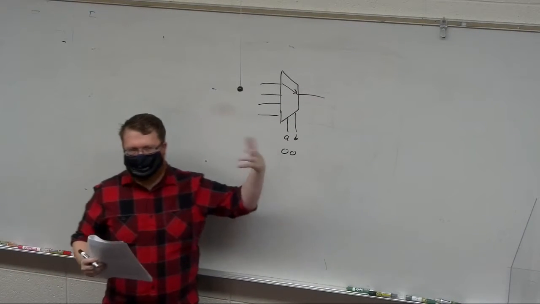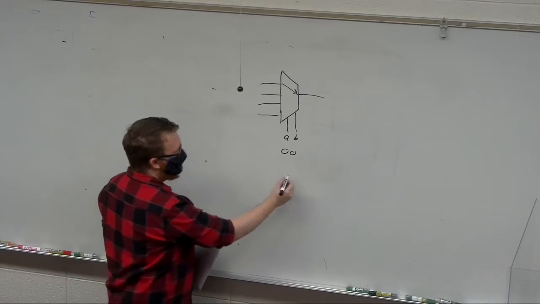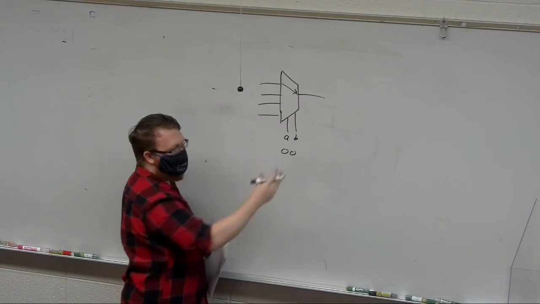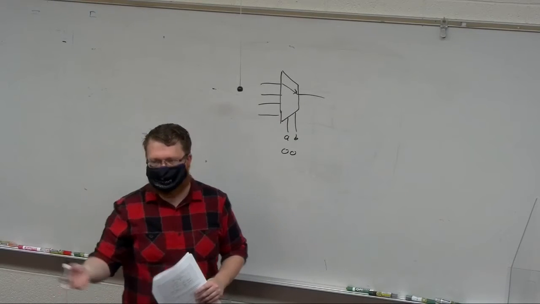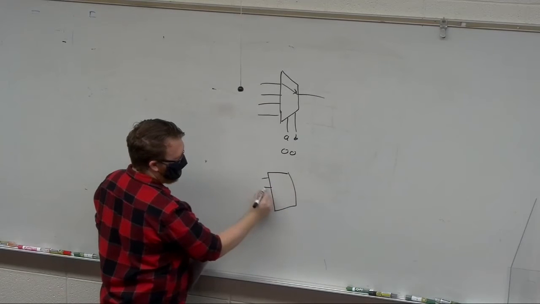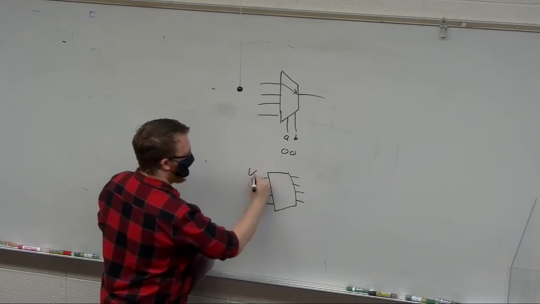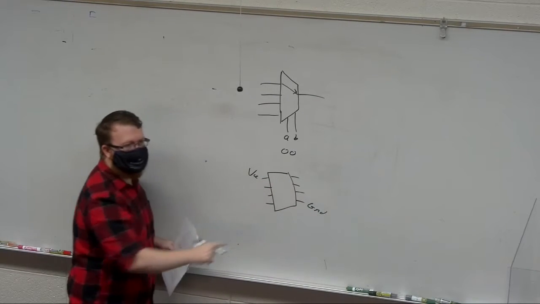So that's a mux. If you bought one of these from Analog Devices, well, we know we need at least 4 pins for the input, 1 for the output, and 2 for power, right? So we've got 7 pins, so it probably comes in an 8-pin package. Almost all of them are going to do this with VCC here and ground there.